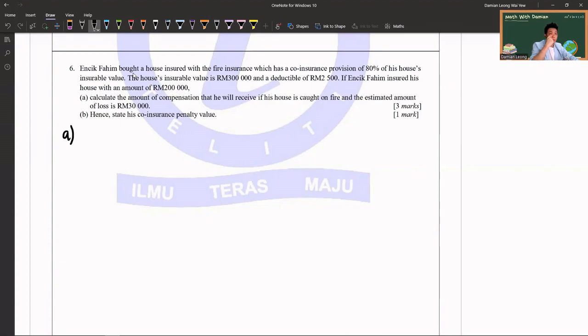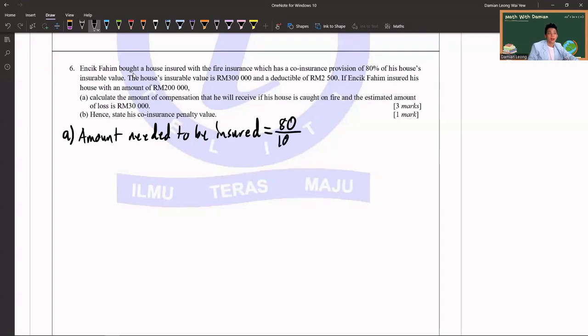Okay. So we have 80% co-insurance. Insurable value is 300,000, deductible 2,500, and he insured 200,000 ringgit. So first, we have to look at the amount needed to be insured, according to the 80% co-insurance provision.